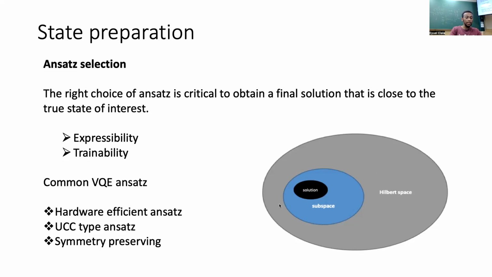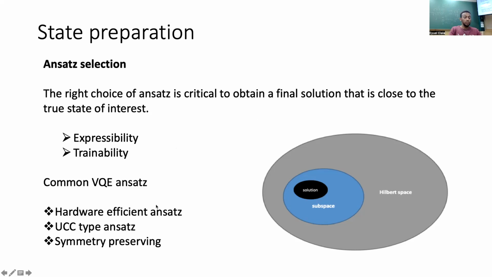So when we select an ansatz, there are some quantities that we need to consider, like its expressibility and trainability. We want our ansatz to be expressible enough to find the ground state energy or the state that we are looking for.